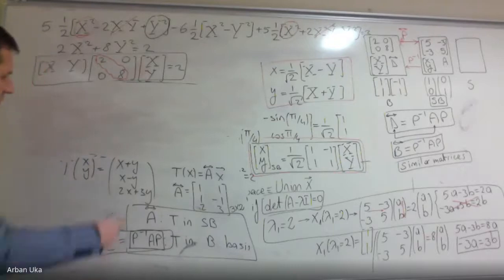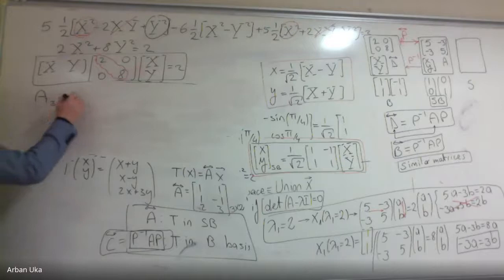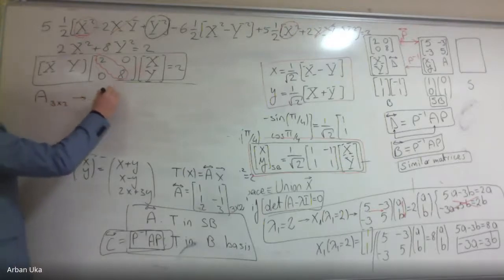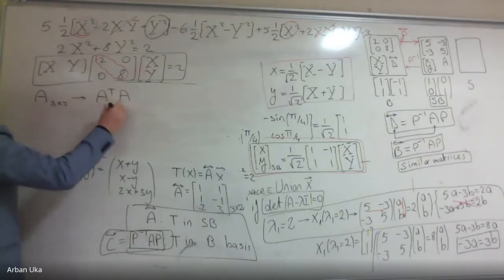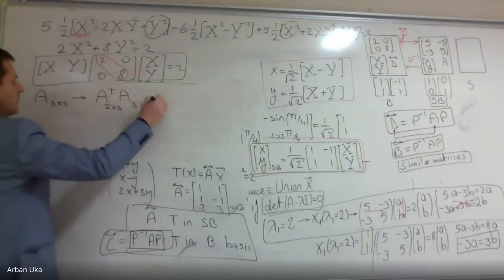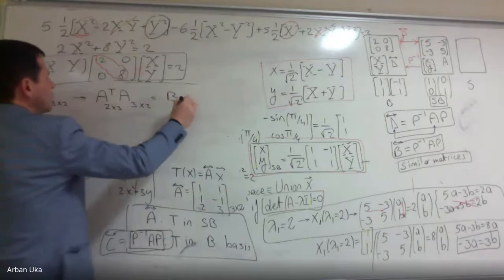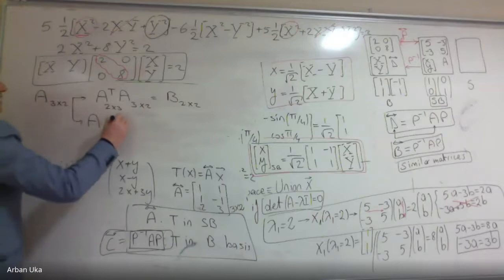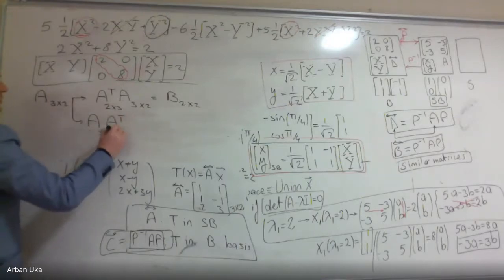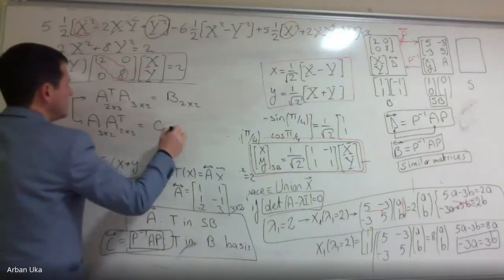So we randomly generated this matrix. It is 3 rows and 2 columns. To obtain the singular value decomposition, we can calculate A transpose times A. A transpose is 2 by 3, times A, which is 3 by 2. We get a matrix B, which is 2 by 2. Similarly, we can multiply A times A transpose, which is 3 by 2 times 2 by 3. This is a matrix C, which is going to be 3 by 3.